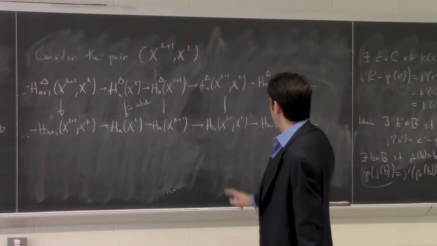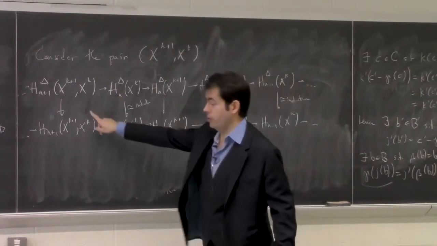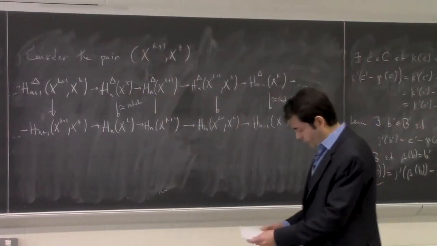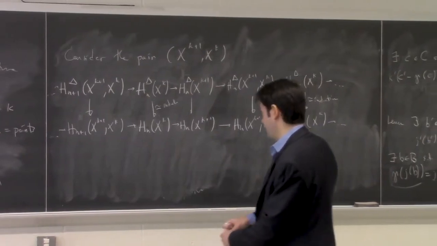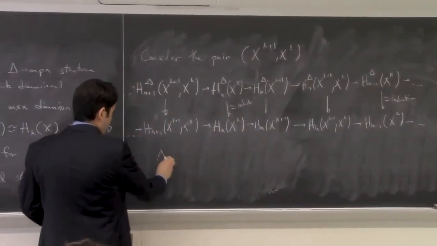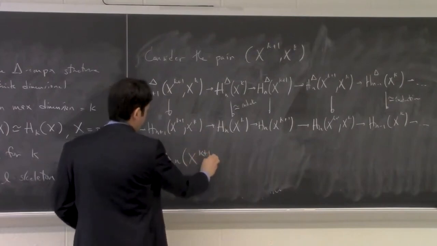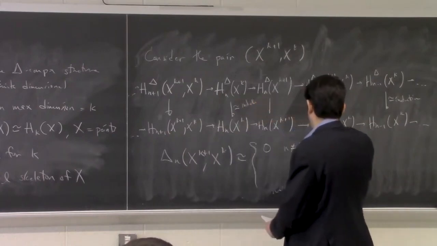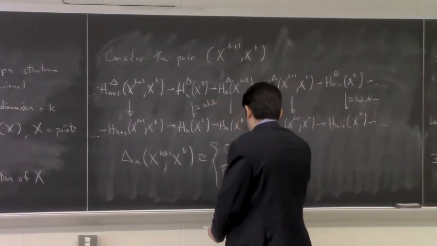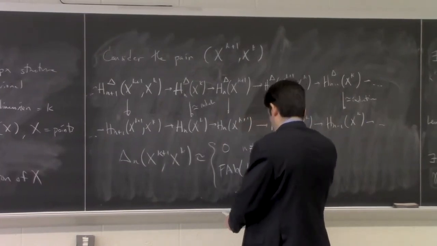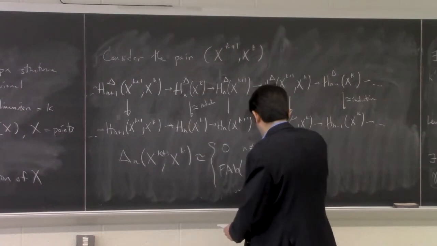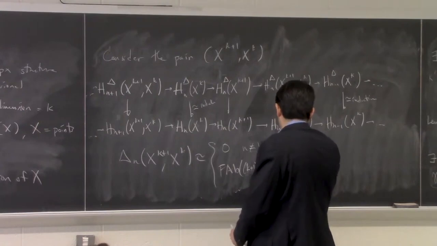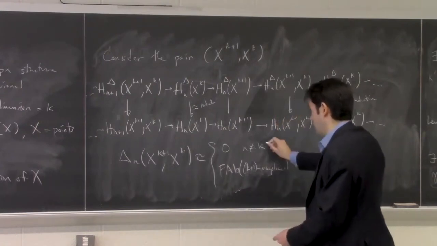Okay, so we need to stare at this arrow and this arrow and see that they're isomorphisms. Right? Okay, so fortunately we have those lemmas we proved beforehand. So let's see, delta n of (X^{k+1}, X^k). This is 0 if n is not equal to k plus 1, and otherwise it's the free abelian group on the k plus 1 simplices.